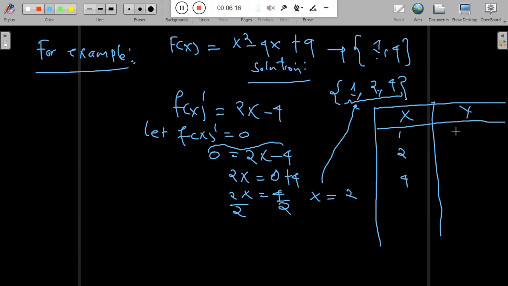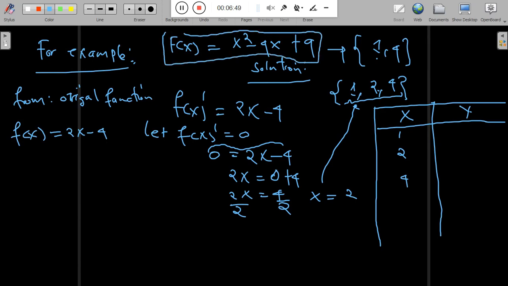In order to solve for the values of y, you need to plug the values of x into the original function.